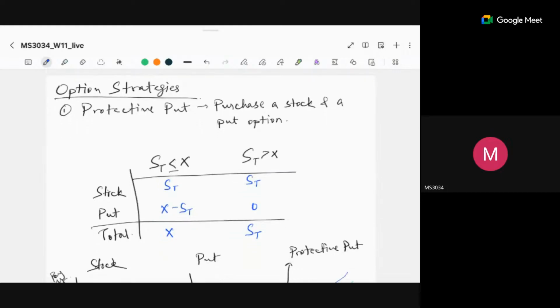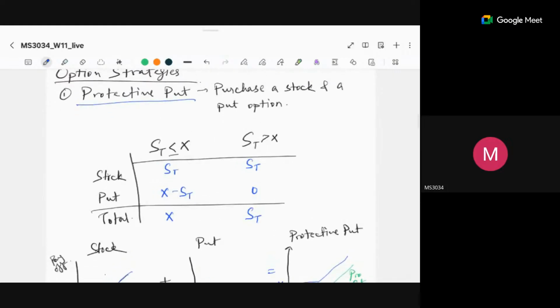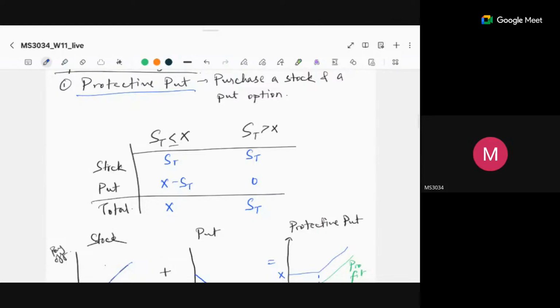There we will mainly study three strategies. The first one is the protective put. What you do is purchase a stock and purchase a put option on this stock. The put option has some expiry date and capital X exercise price. Now what will be the payoff of this portfolio? This creates a portfolio of stock plus put option. There will be two cases at expiry: when my stock price is less than the exercise price or greater than the exercise price.